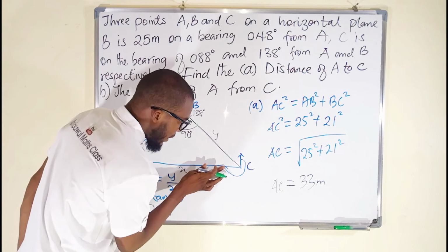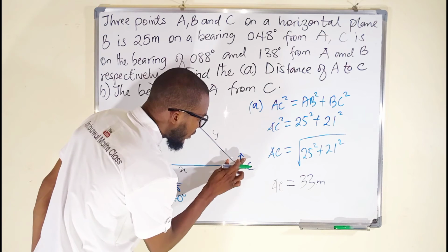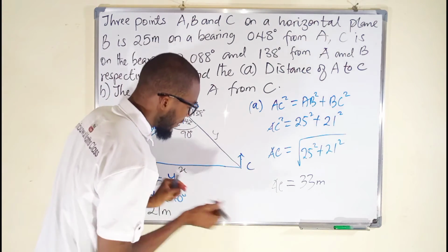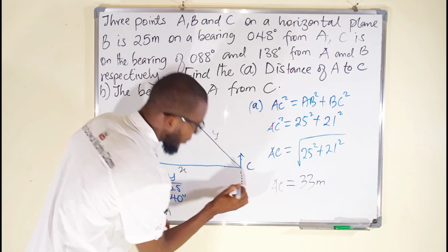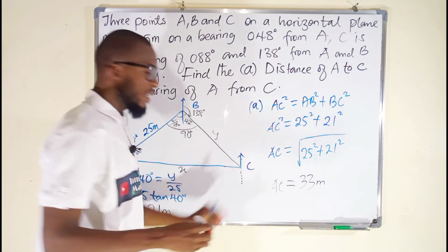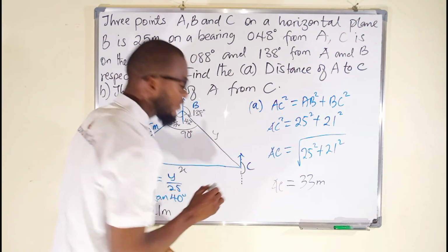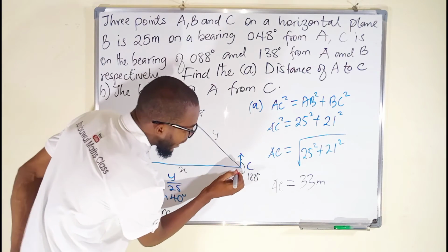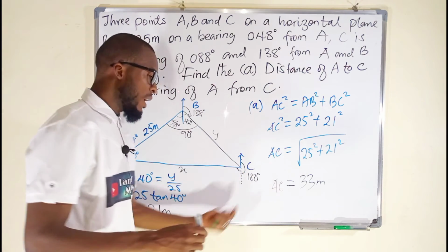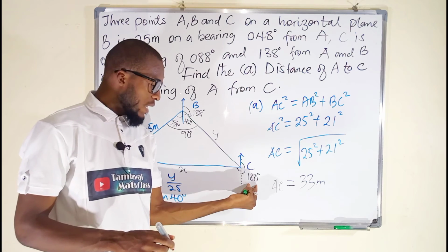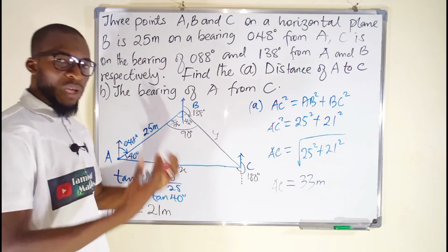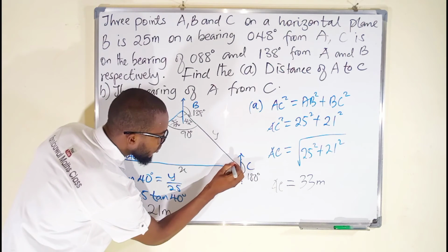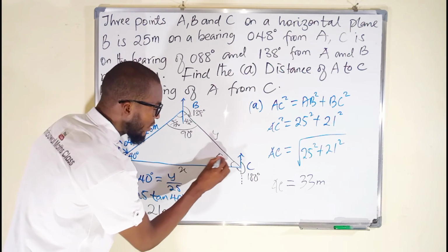But let us fill some information here. You know, we can extend this line. By extending this line, we have a straight line, and you know, angle on a straight line is 180 degrees. Now if we are able to obtain this angle here and combine it with 180, we shall obtain what we are looking for, the bearing of A from C. But look at this interior angle, it must be 50 degrees.